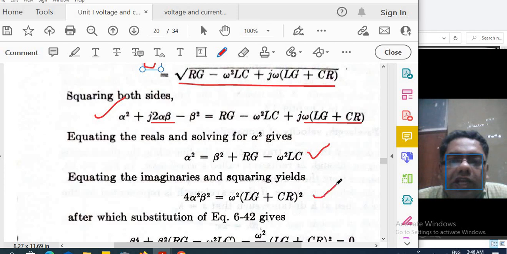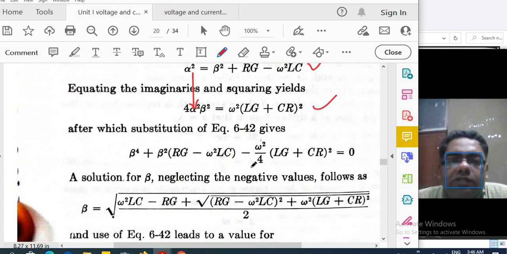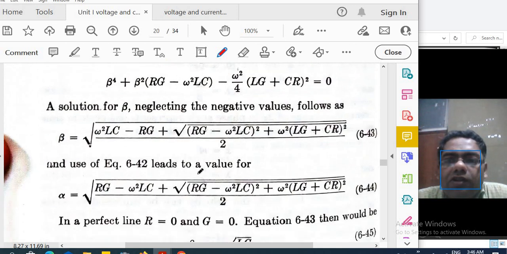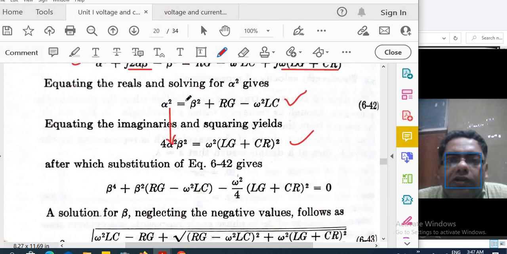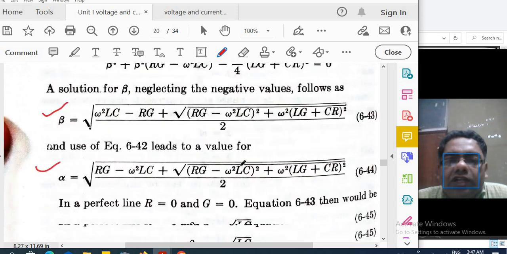Now in this equation, if I put the alpha square value here, I will get the expression for beta. Similarly, once we get beta, if you put this beta square here, you will get the expression for alpha. So the beta and alpha expressions will come like this.